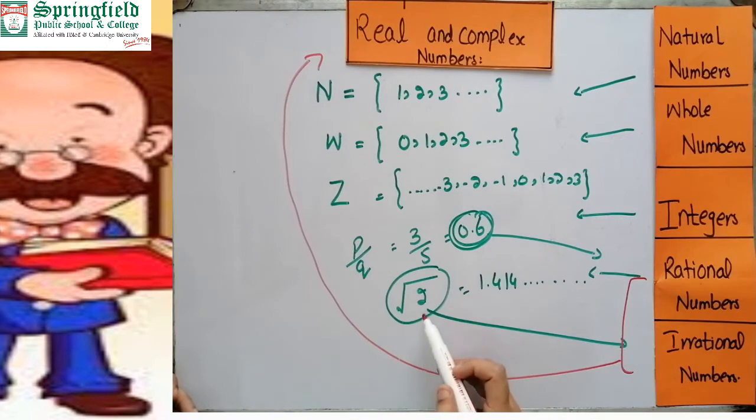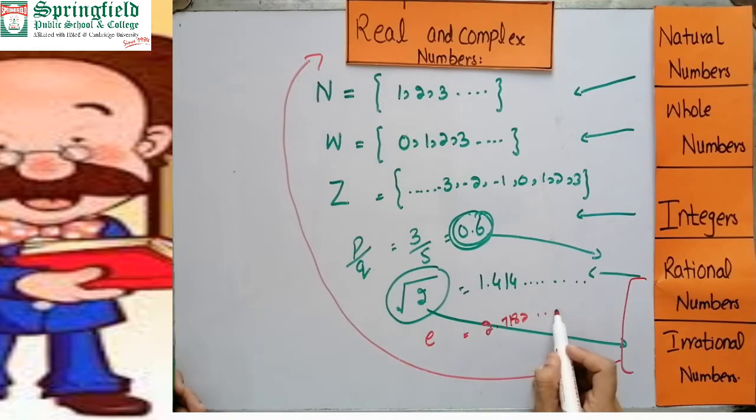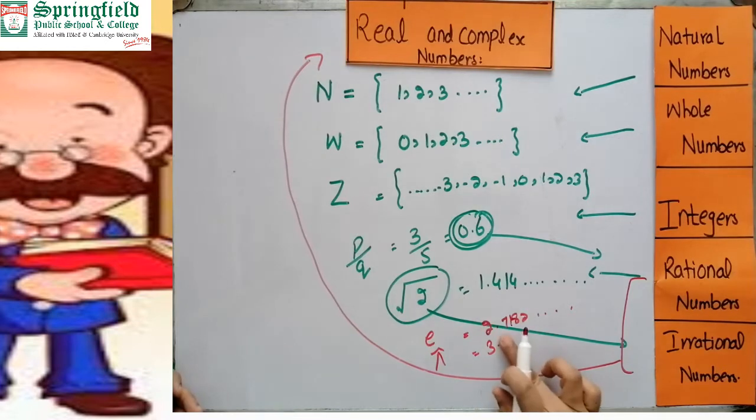And irrational numbers are just like under root 2, and the value of e. As we know, the value of e is an irrational number: 2.7182 and so on. This is the value of e, and the value of pi is 3.141592 and so on. So these types of numbers are called irrational numbers.